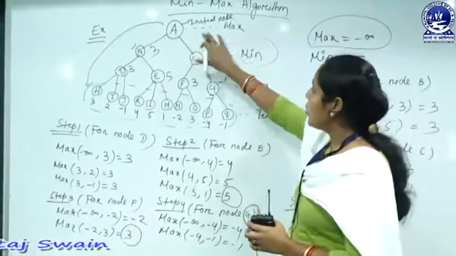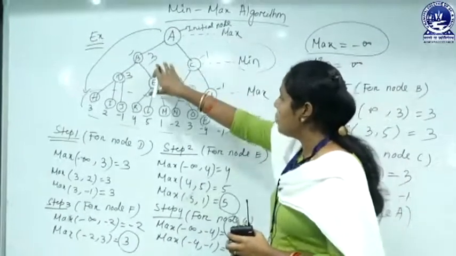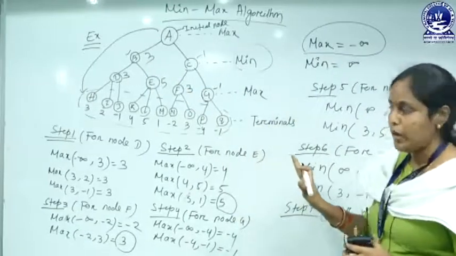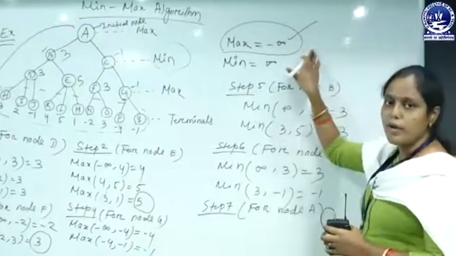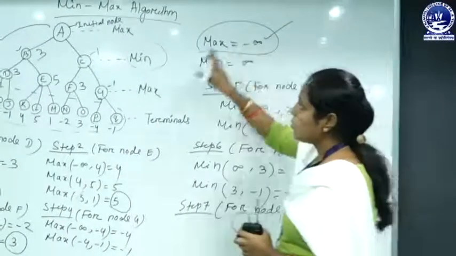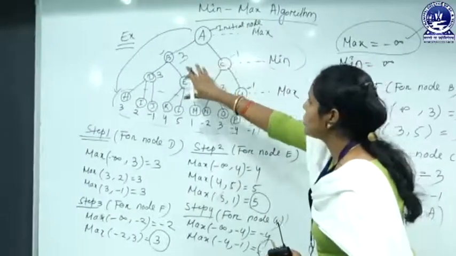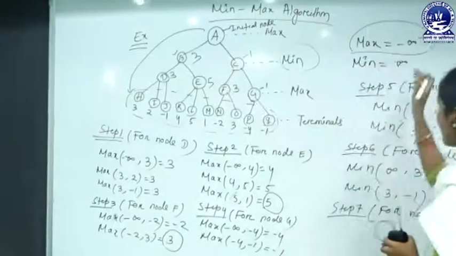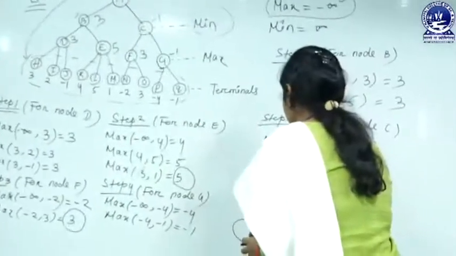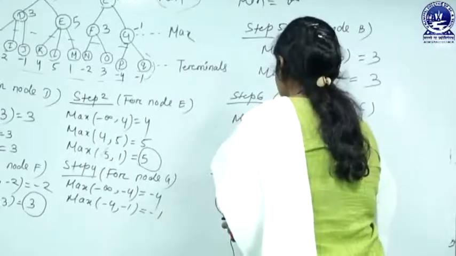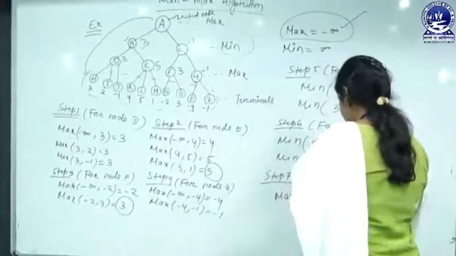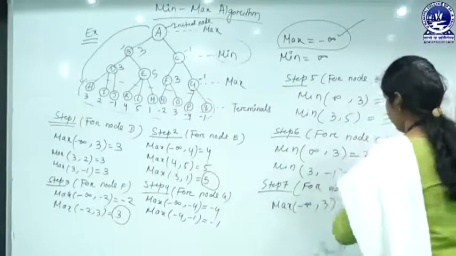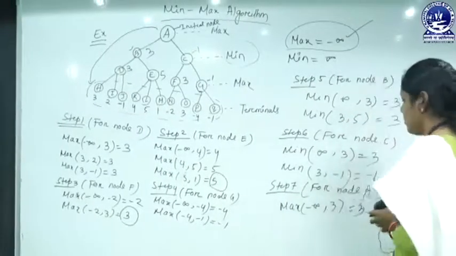That means here we calculate the maximum value from these two values. Now first of all we take the initial value of our maximizer and compare with each successor node value. First we take max of -infinity, 3, that is equal to 3.